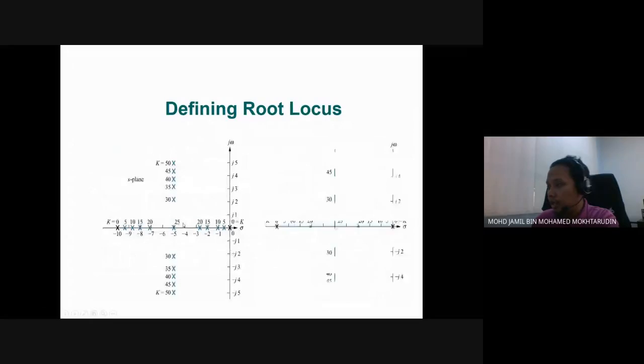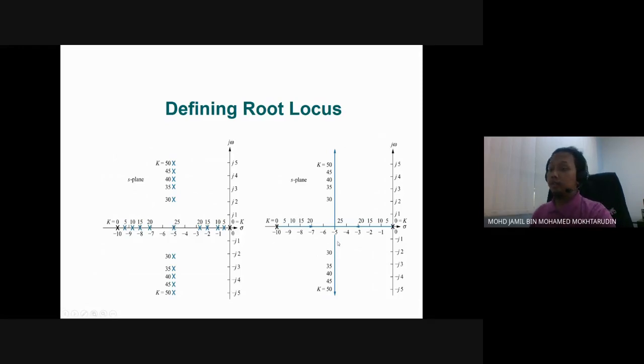And then from the cross, you can connect all the poles, okay? So you connect all the poles. It will start from here, and then it can either go down or go up. Same thing for here. It will start from -10 and go to -5, and it can either go up or go down. So this plot here is the root locus, okay?